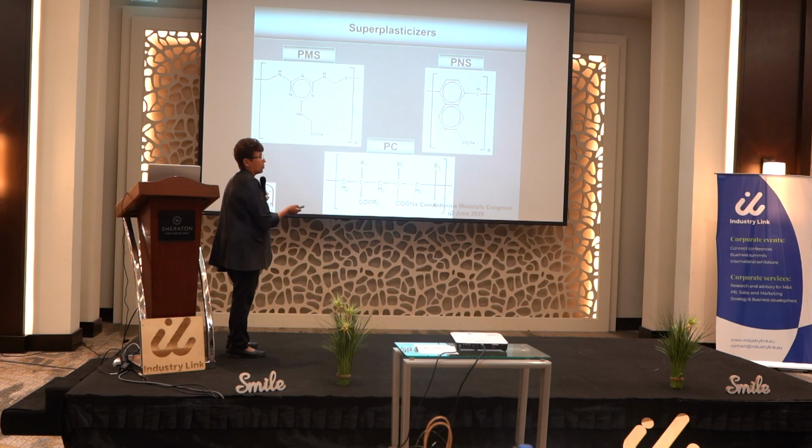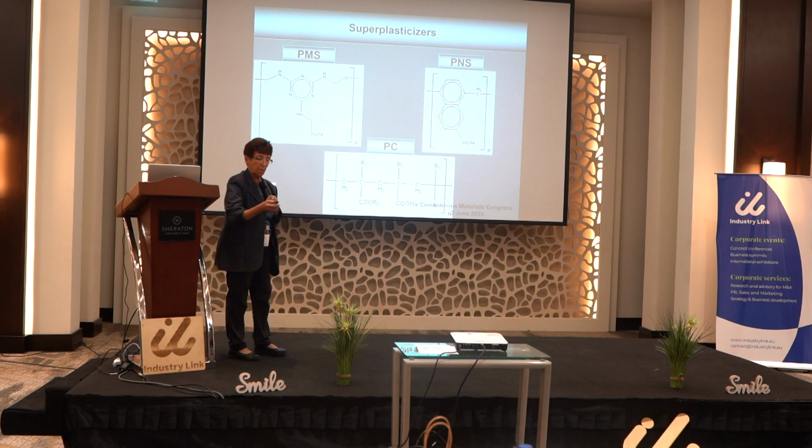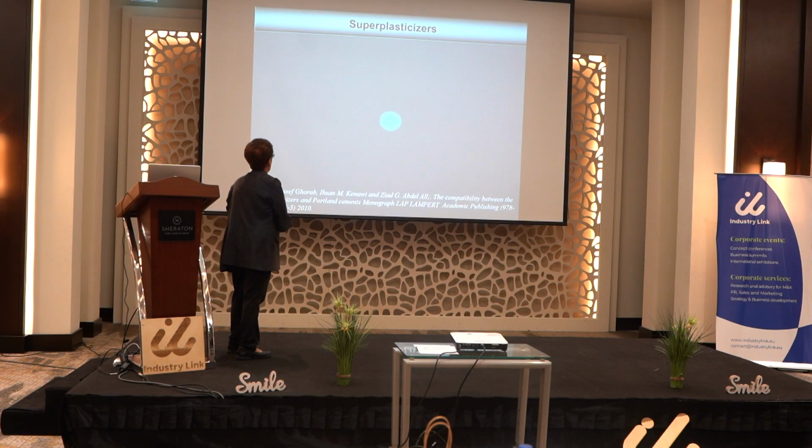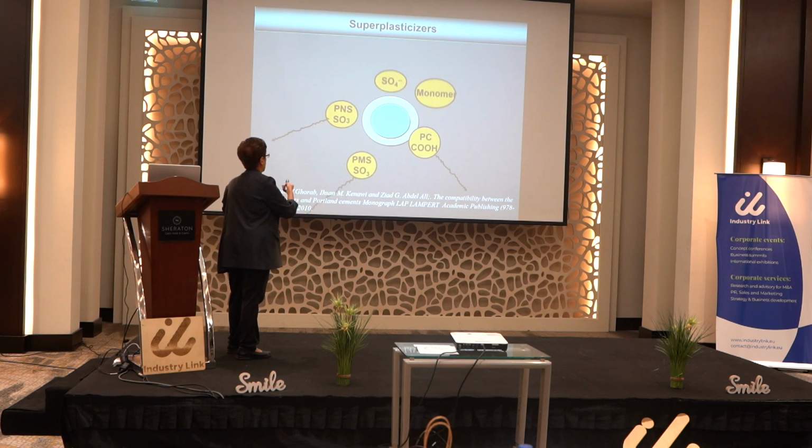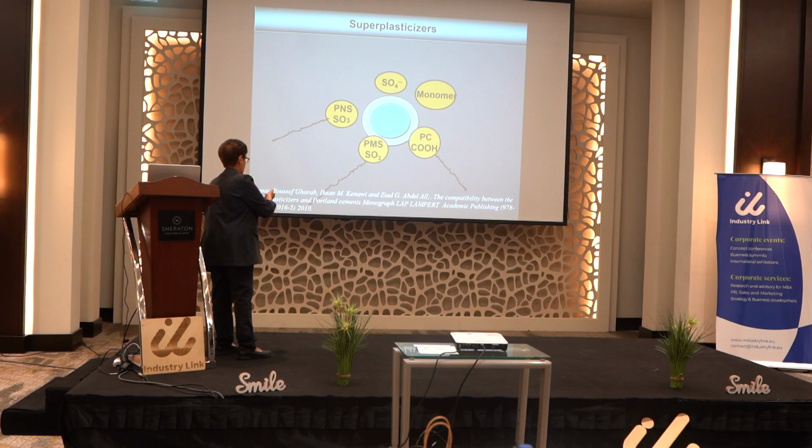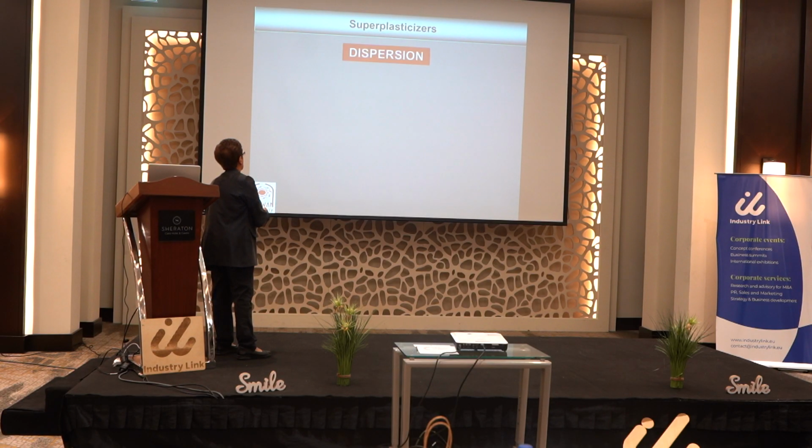And of course, in order to work with the cast earth, we have to understand a lot about superplasticizer. And superplasticizer, we have to understand how it is competition between all the ions and particles around the hydration pore, and how does it work.